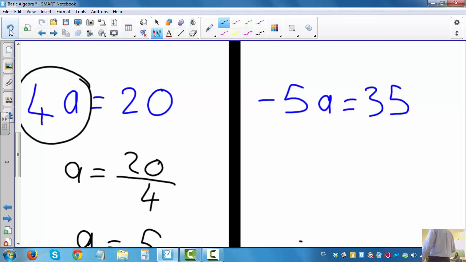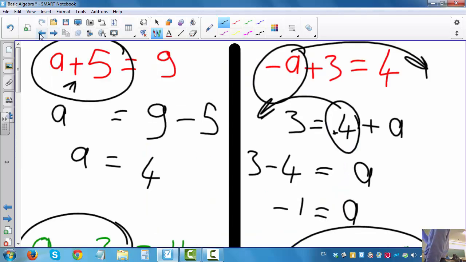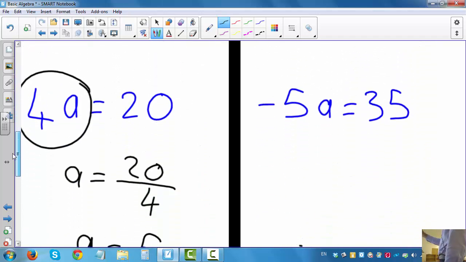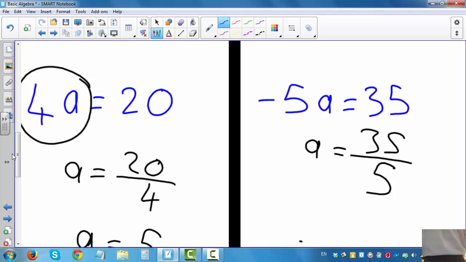You will see this many times in front of you. If I am looking at a multiplication, I have to divide. Let's go and divide. So A equals 35 divided by 5. That's a mistake. I just changed the sign. You only do that with addition and subtraction, not with division or multiplication.